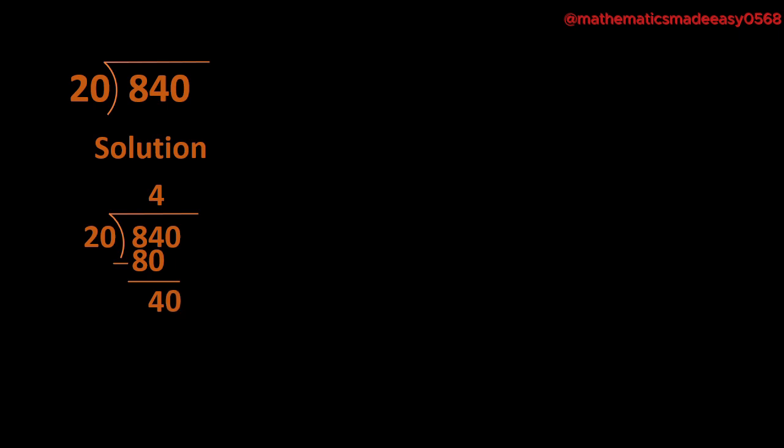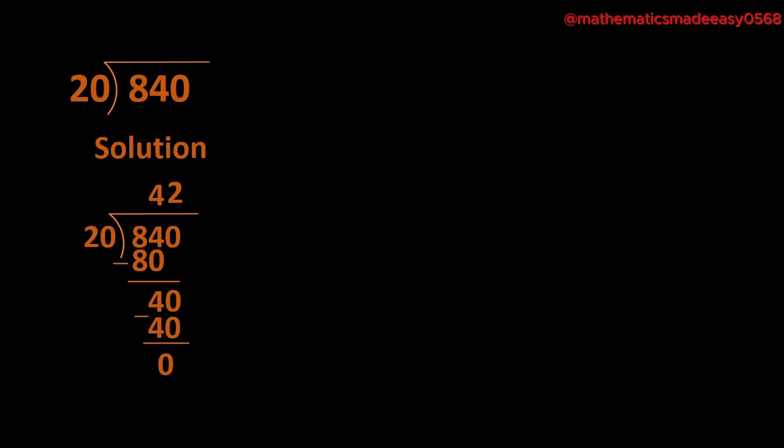So we have 40. Now you ask again, how many 20 can we find in 40? That is 2. You write 2. 2 times 20 is 40. And when we subtract, we are going to have 0. Now, we are not dividing with any number again because we have gotten 0. So the final answer here is 42.